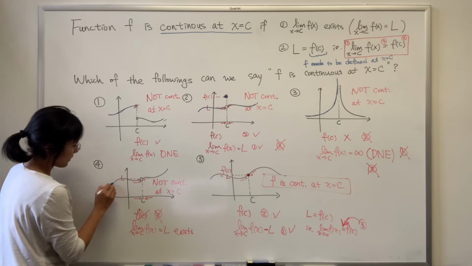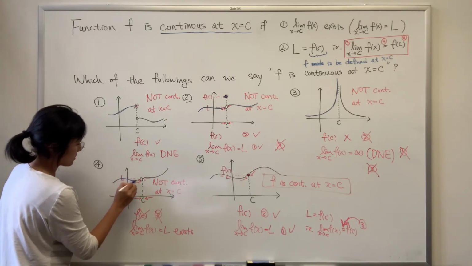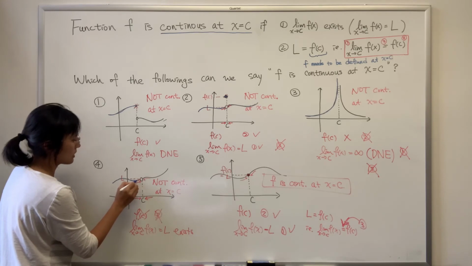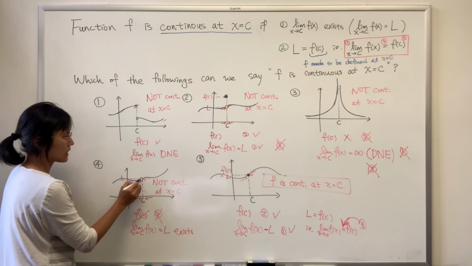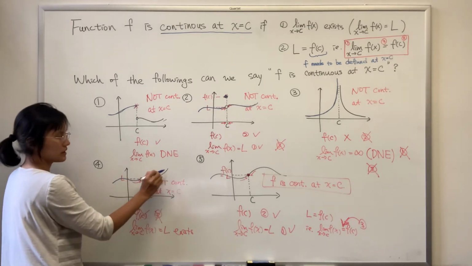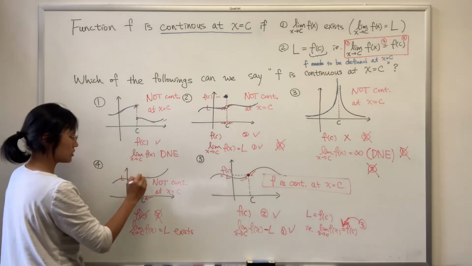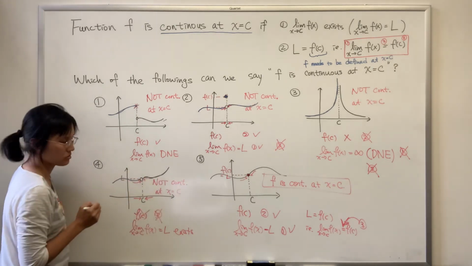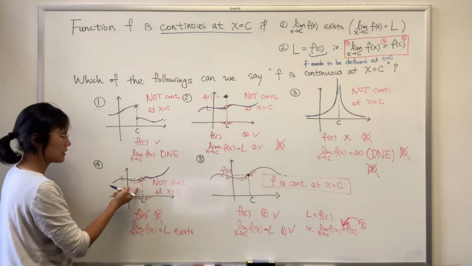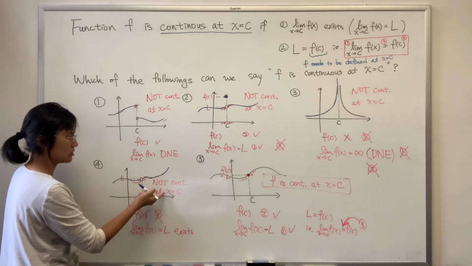I travel from here and I go. Suppose I'm driving on the highway. Boom, there's a hole here. So I cannot just keep driving because I will fail. So I must lift my marker and then have a jump. Then I can continue. So I'm being interrupted. The function is not continuous at c.